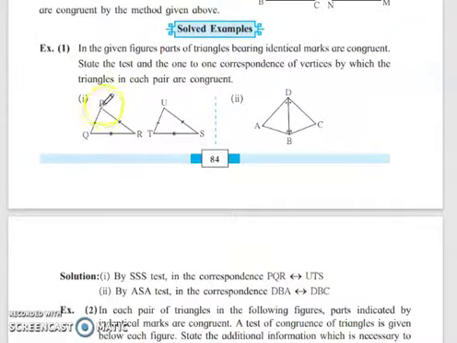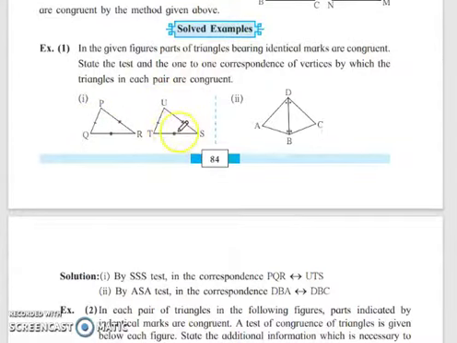So here this PQ is corresponding to this UT, and then this QR is corresponding to this TS. So PQR corresponds to UTS. This is the correspondence.